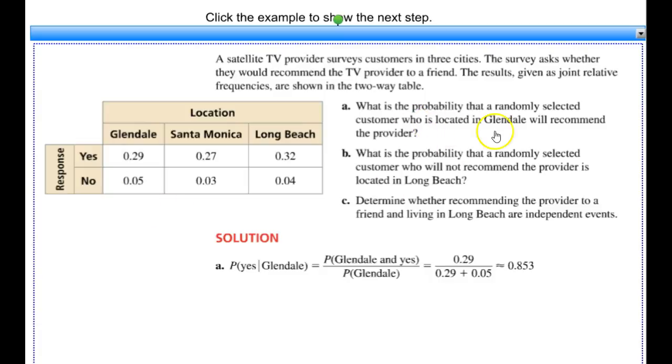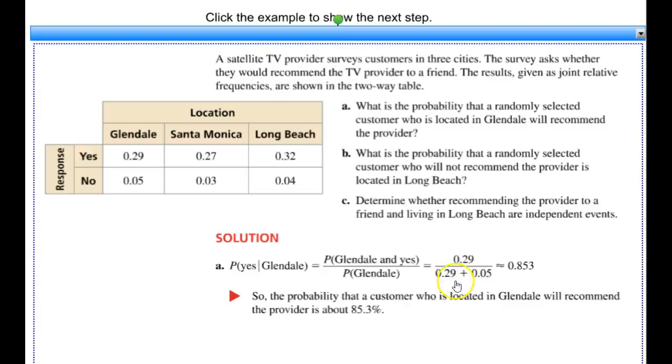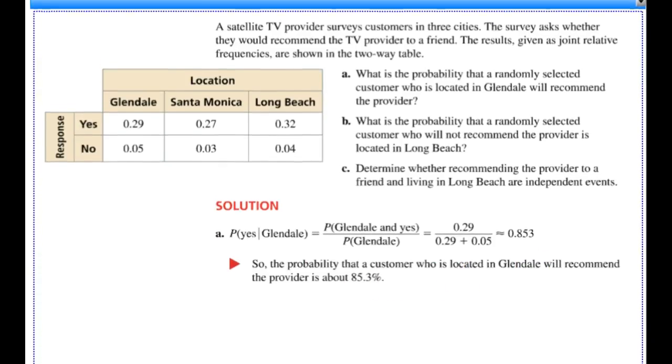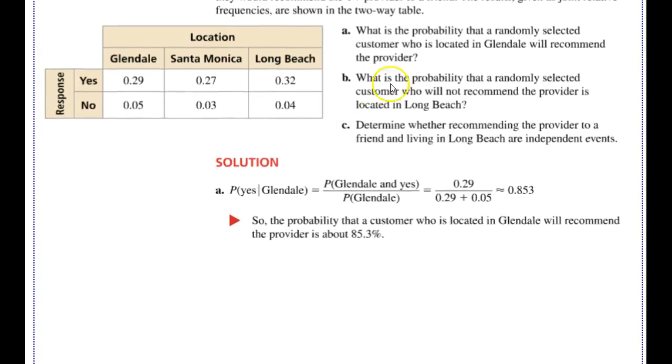And I am limiting it to Glendale because that's what I'm told in my problem. So I do my 0.29 divided by that column total, which I get by adding these two together, and I get approximately 0.853. So the probability that a customer who lives in Glendale will recommend that provider is about 85.3%.